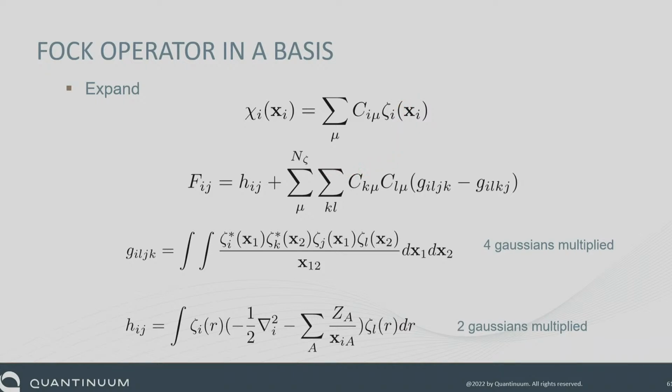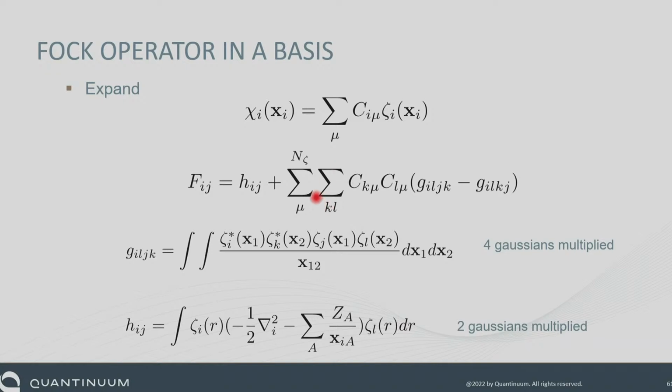Okay, so you notice now we've got this extra. The g's are these orbital integrals, and then the c's are the weightings of each of these basis function terms.